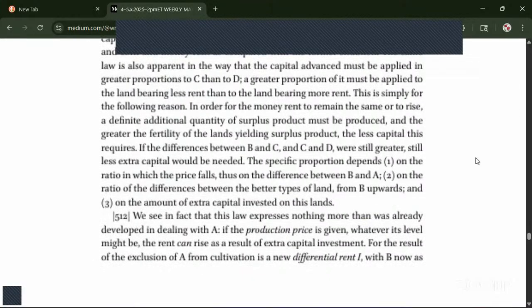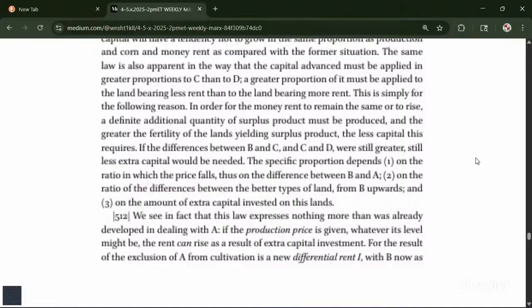Manuscript 512, we see, in fact, that this law expresses nothing more than was already developed in dealing with A. That is, if the production price is given, whatever its level might be, the rent can rise as a result of extra capital investment.